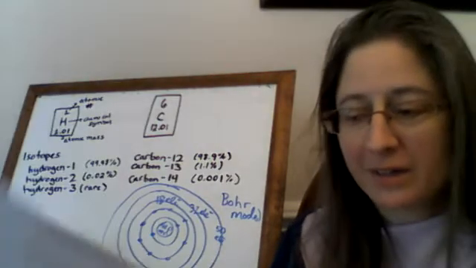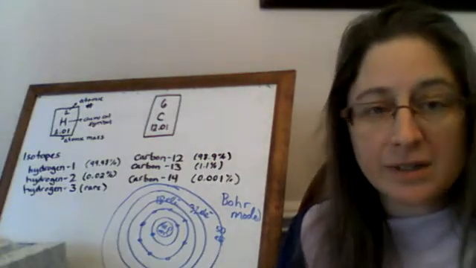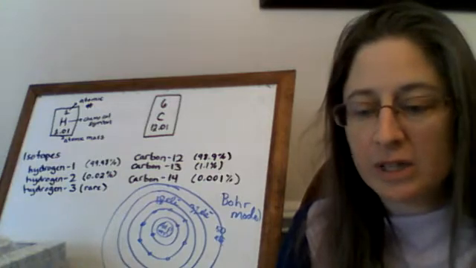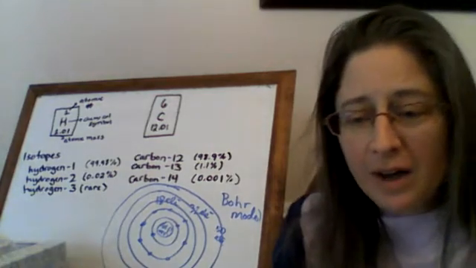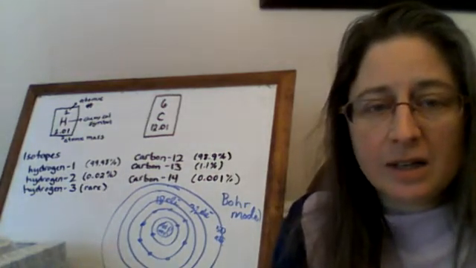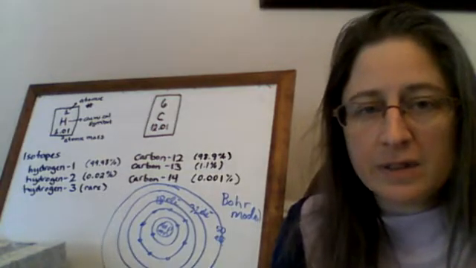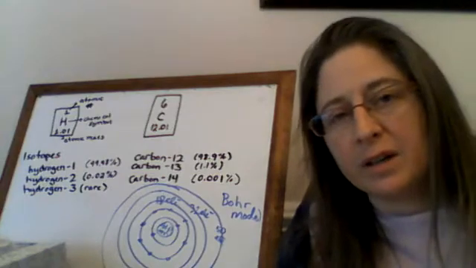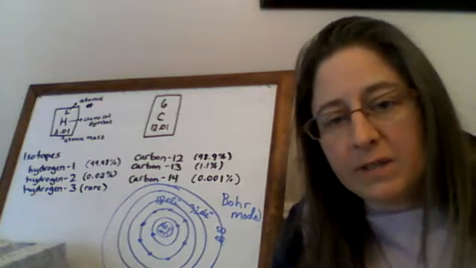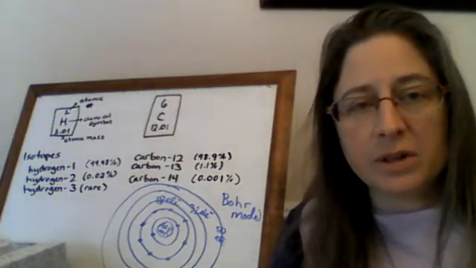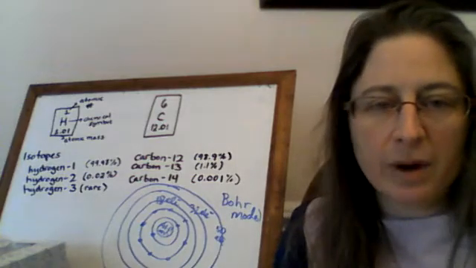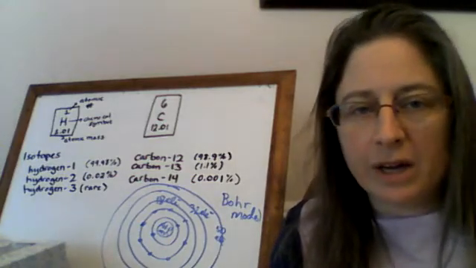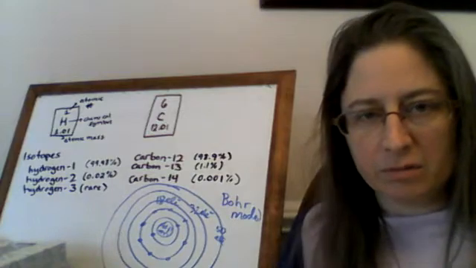every single box on the chart is 1 element, each unique element. The way that we define what an element is, is a set of all atoms that have the same number of protons. And we use the number of protons because they are fixed in the nucleus. Their number doesn't really change unless we're talking about a radioactive or nuclear event.